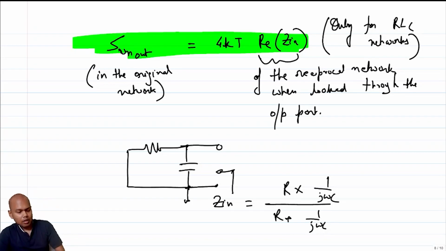This is only true for RLC networks. This will not be true if you have controlled sources.